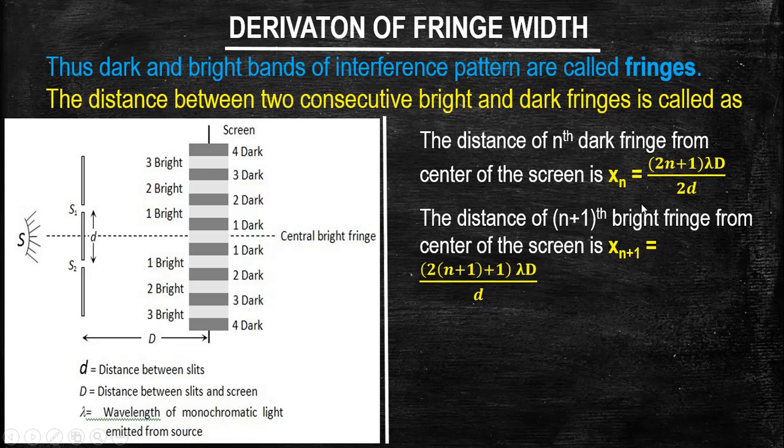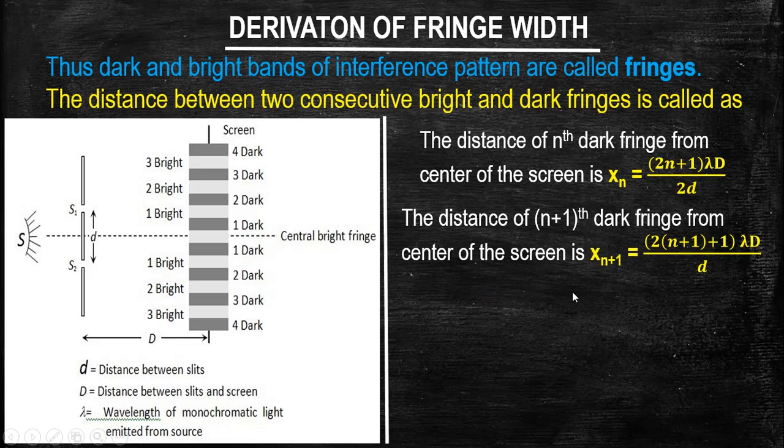Then you can write the distance of the n plus 1th dark fringe from the center of the screen. You just write n plus 1 in place of n. So xn plus 1 equals (2 into (n plus 1) plus 1) lambda D upon 2d.